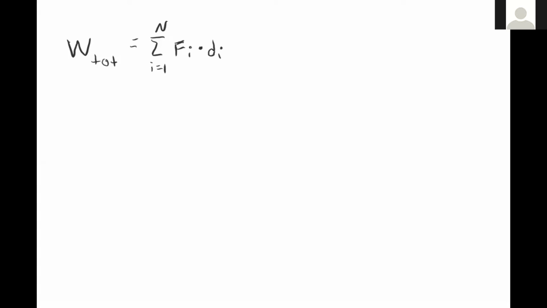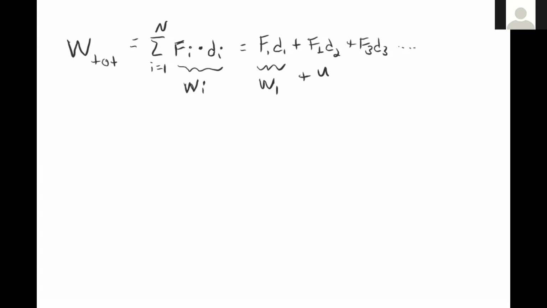And this is also the same thing as the work done at each one of those incremental steps, okay? And so then that's just equal to F1 D1 plus F2 D2 plus F3 D3, and so on, okay? Or you could write it as work 1 plus work 2. This is the work done over each one of those incremental steps that we're stretching the spring, okay?